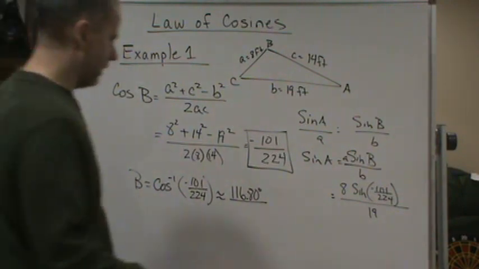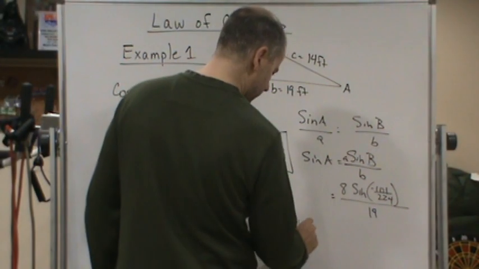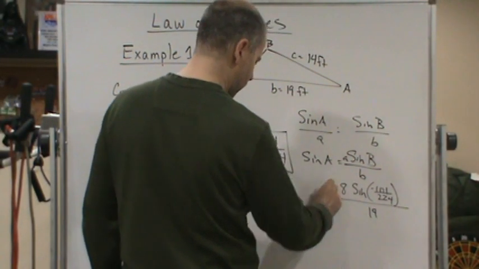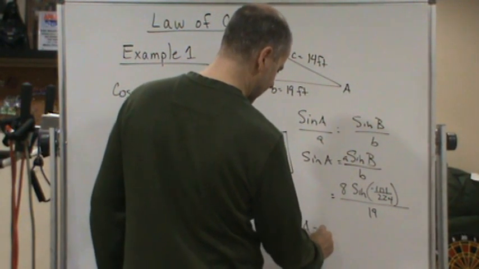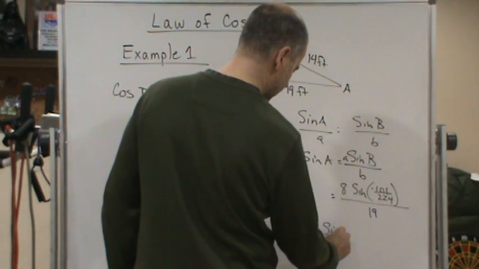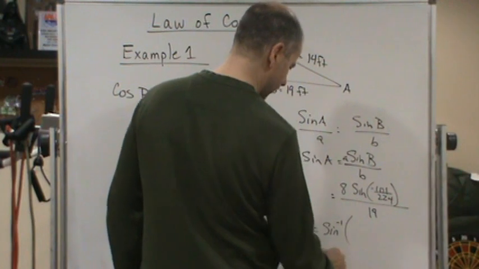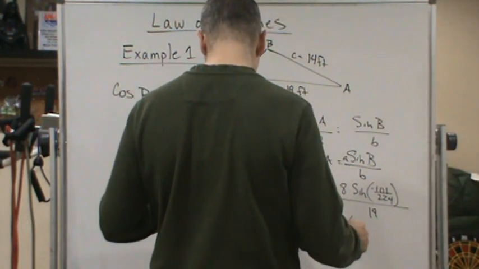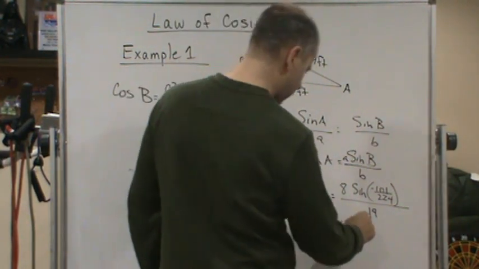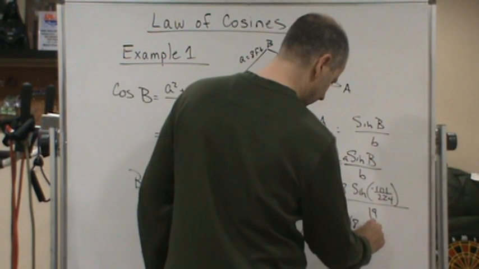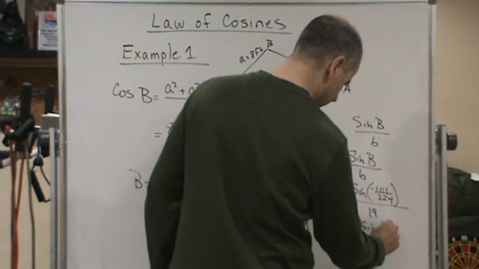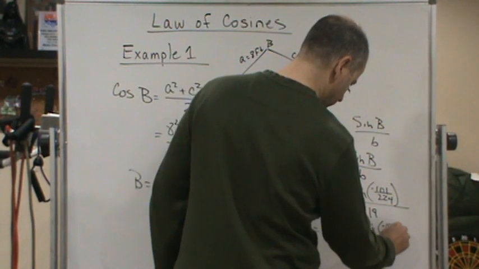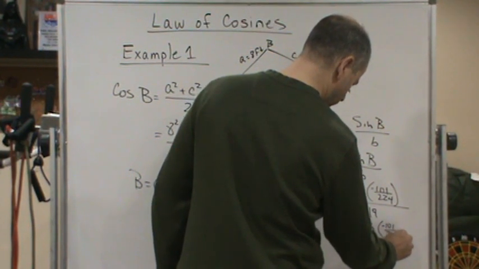Now when you do that, you're going to take the inverse sine, or arc sine, of both sides. That gives us A equals arc sine of 8 sine of negative 101 over 224, divided by 19.